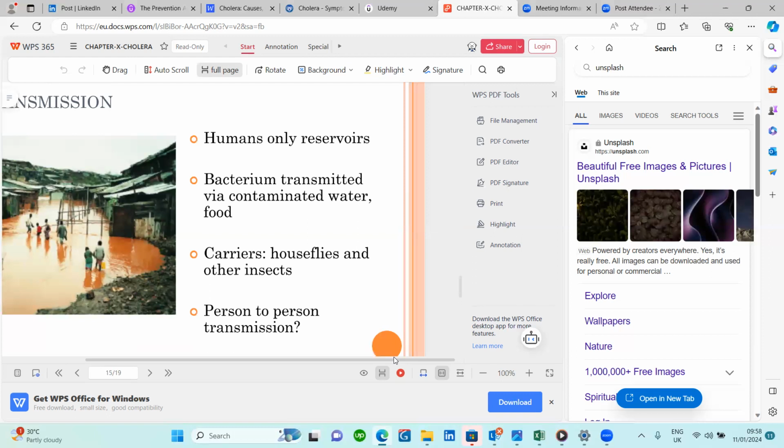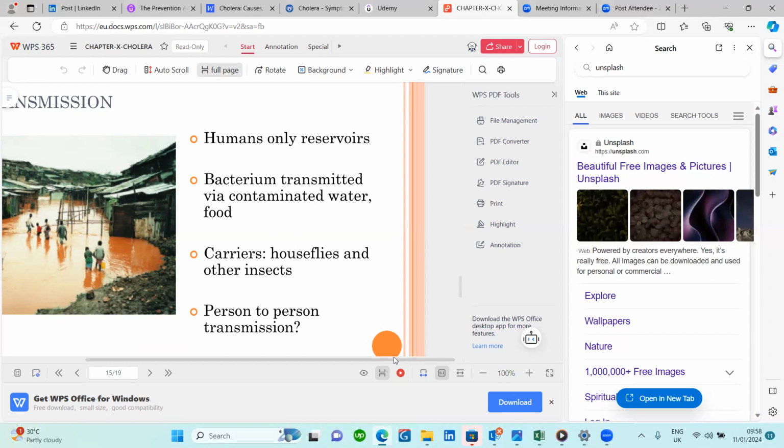When they touch fecal-bound bacteria, their body will carry feces and put it on the food people eat. Then another means of transmission is person-to-person transmission, through handshake. You understand? So these are other means of transmission.